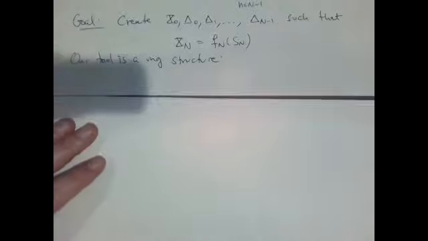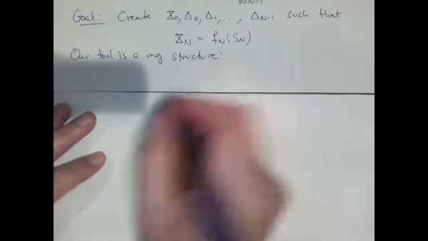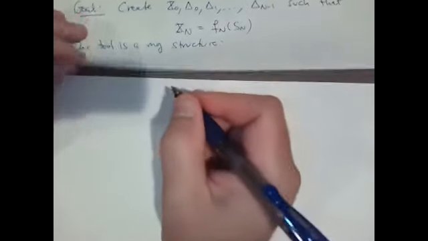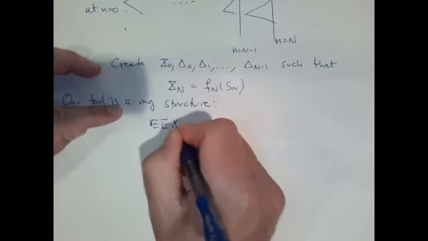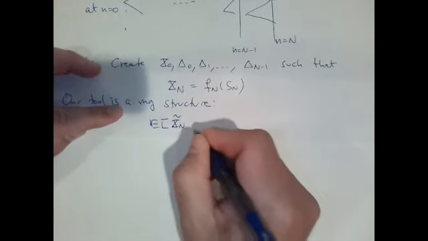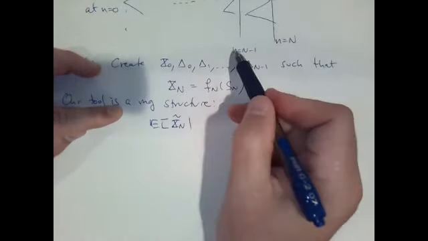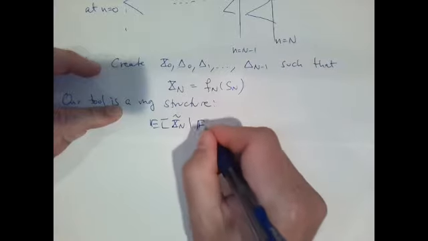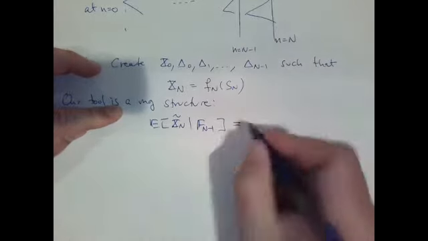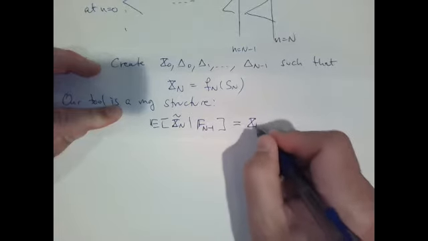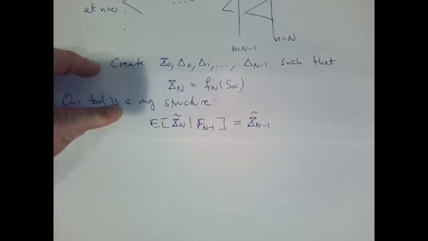Based upon the above, we will have that the conditional expectation of x n tilde, so we're going to go one step back, given F n minus 1, is going to be exactly x n minus 1 tilde.